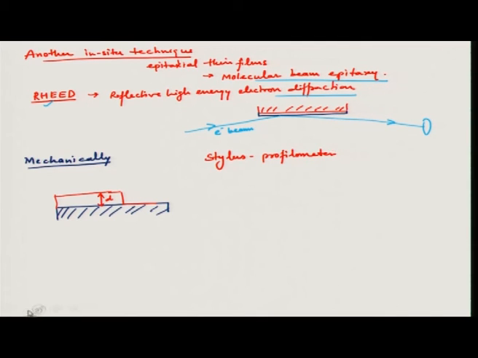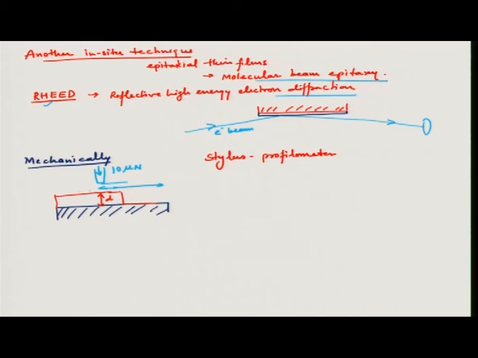In this technique you use a mechanical stylus, which is usually a diamond or very hard material like silicon carbide tip, and you apply a certain force to this, usually around 10 micronewton, and then you scan this tip on top of your thin film with this step, and you monitor the change in position of this tip.